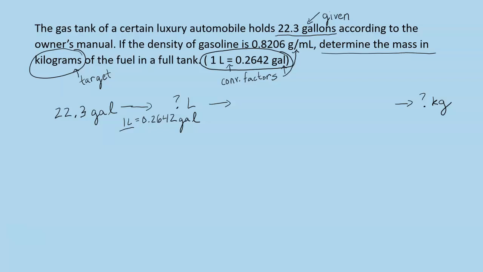Okay, I've only got 1 conversion factor left that I haven't used, and it may help as you're going along to eliminate things that you've already written down. So I've already written down the 1 liter equality. I've already written down the 22.3 gallons. So I've only got 1 number left that they gave me, and it does not contain the liter. It also does not contain the target. That's the next thing that I would check for, and it's a gram, but the target is in kilograms.